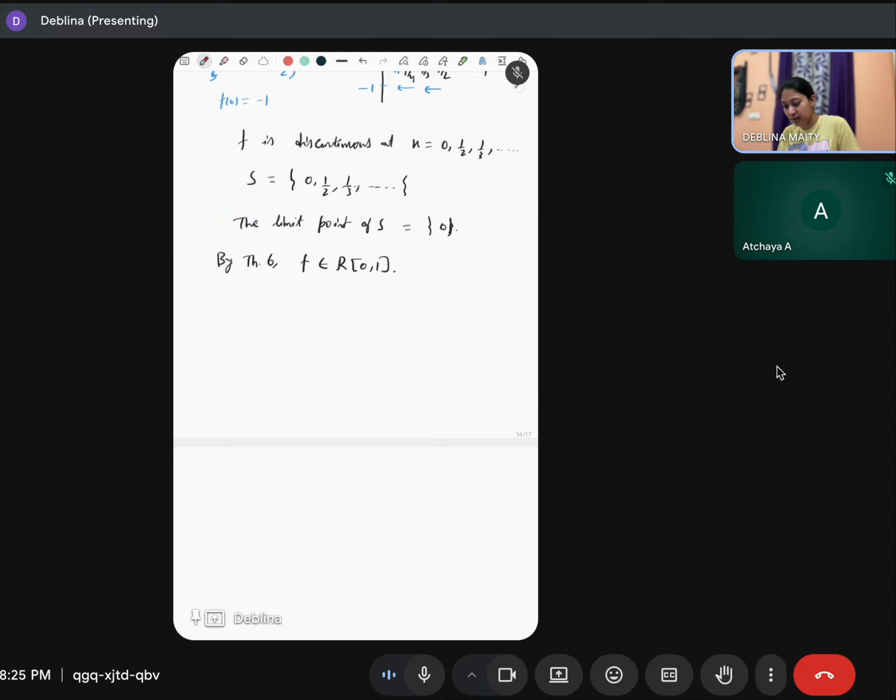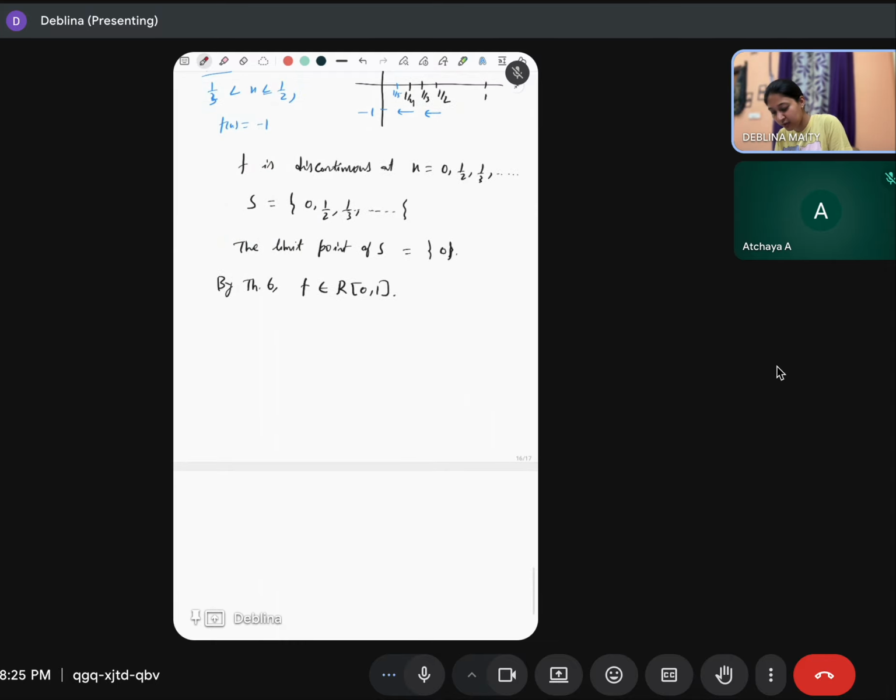Okay. Now prove a property or theorem for Riemann integral. We say that if f is Riemann integrable, then mod f is also Riemann integrable.